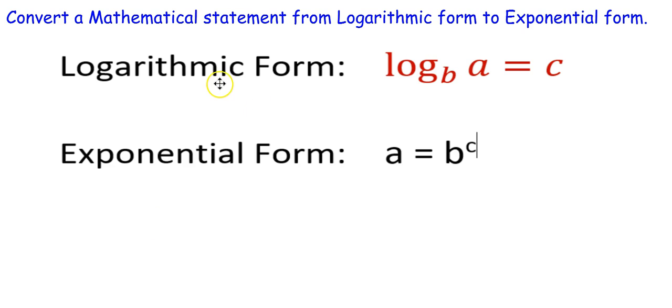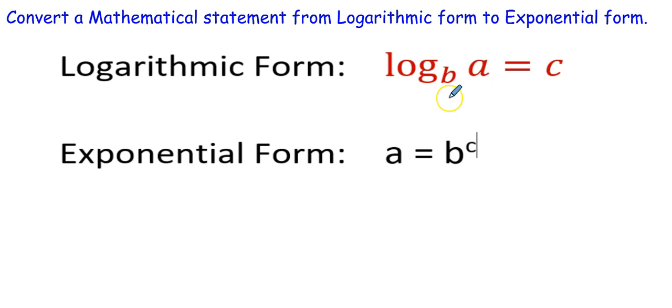Now, how do you convert a mathematical statement from logarithmic form to exponential form? Given logarithmic form log base b of a is equal to c, it is written as b to the power of c is equal to a. The base b goes over here.